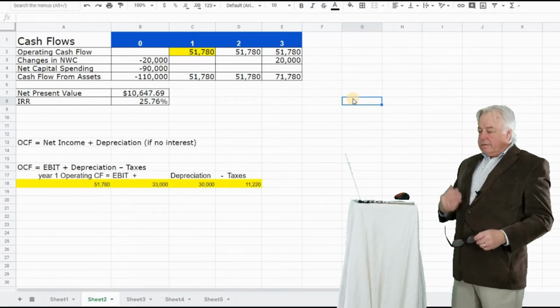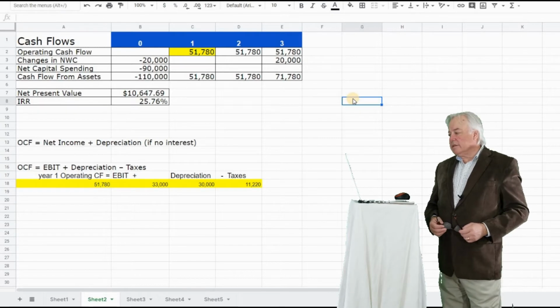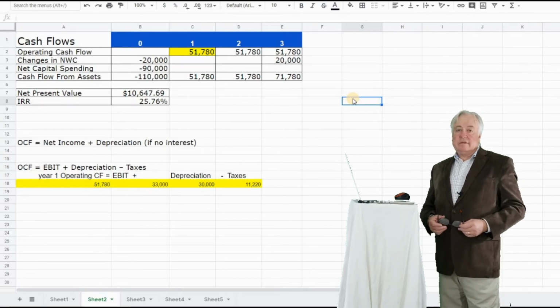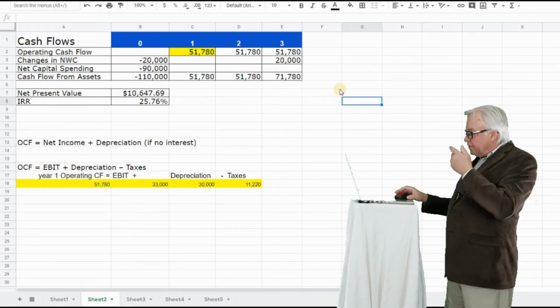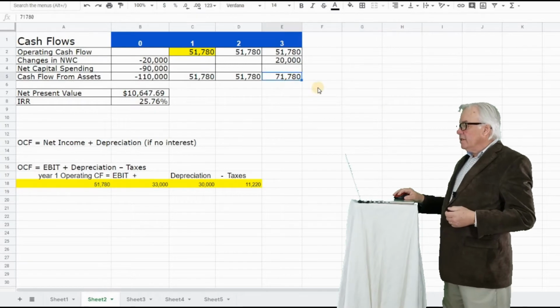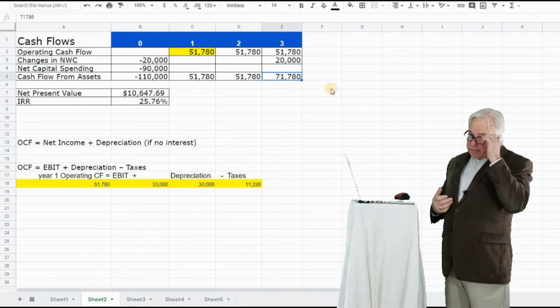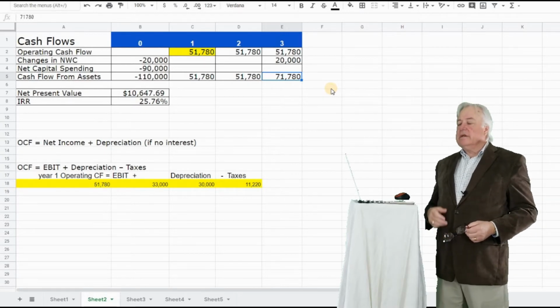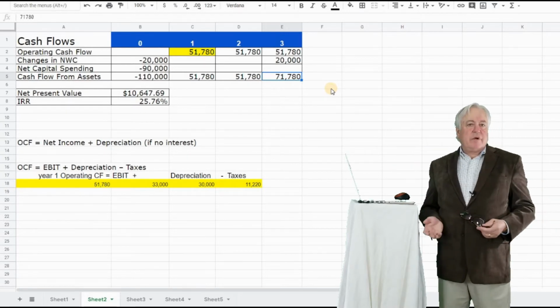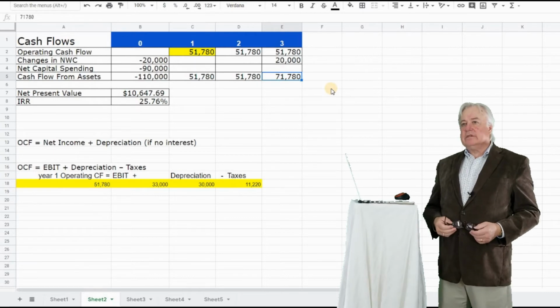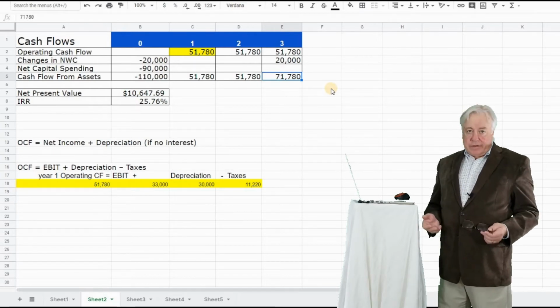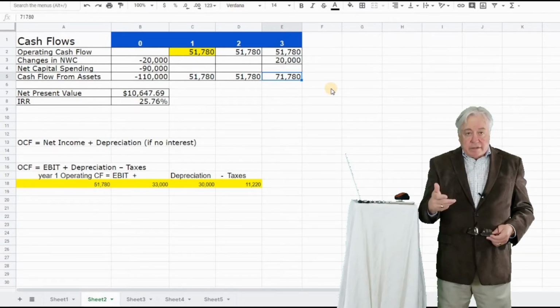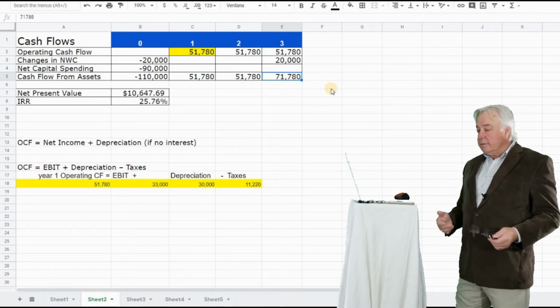Now, the other lecture, we did talk about the modified internal rate of return, where, for instance, if I had to decommission something in the last period, the sign changes. So instead of a positive cash flow, it would be a negative cash flow. You could modify for that. You get some explaining to do if you do it. It makes it a little bit more complicated.